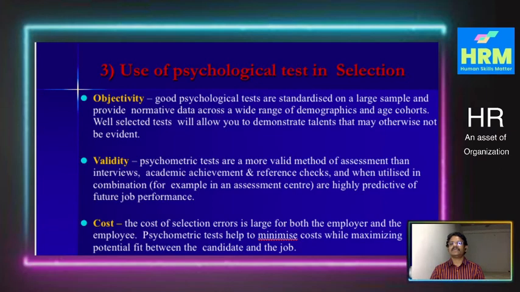So that is the objectivity, and then validity also. Psychometric tests are more valid methods of assessment than the interviews, academic achievements and reference checks, and when utilized in combination, for example, the assessment centers are highly predictive of future job performance. So you can see the validity of the test also.